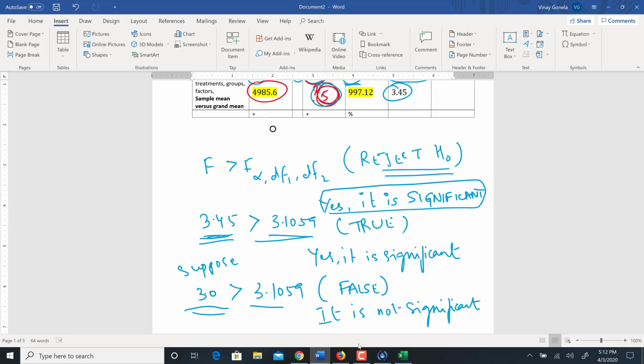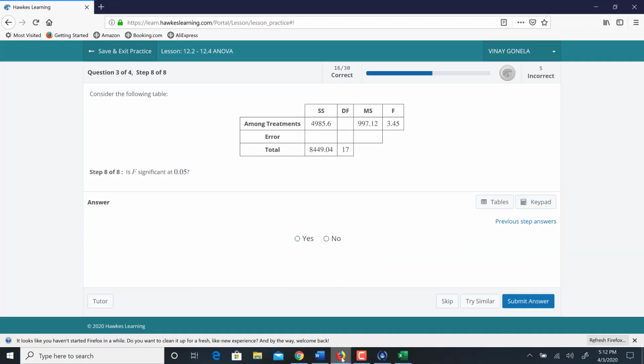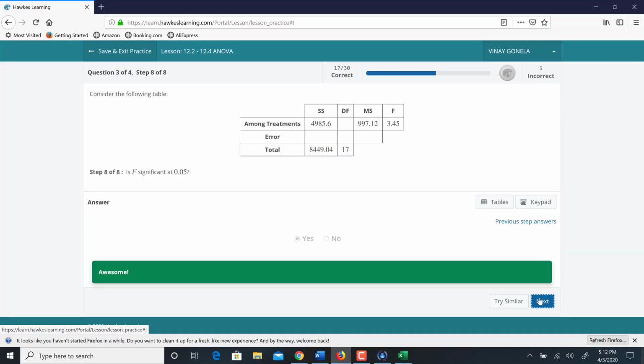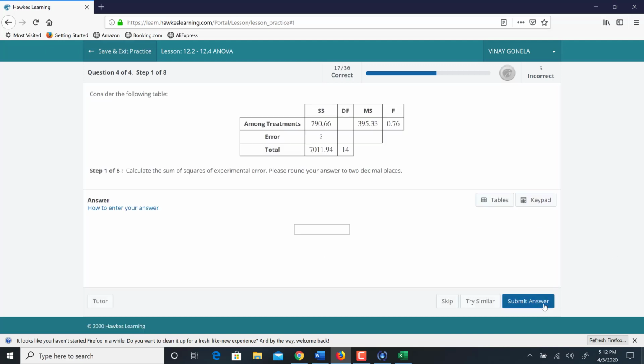Currently it is significant because F, 3.45, is greater than 3.1059. So you say yes, it is significant, and you submit. That is how you will be solving problems in this learning.